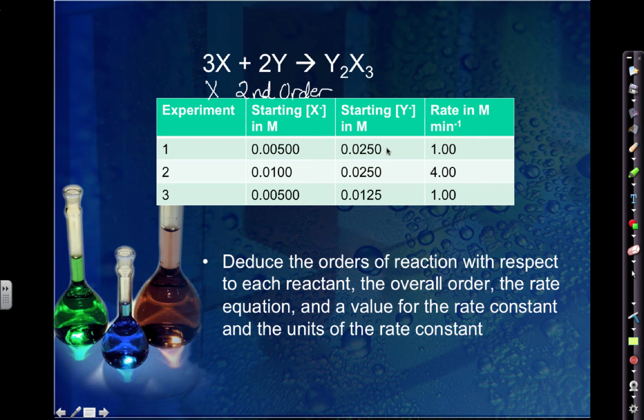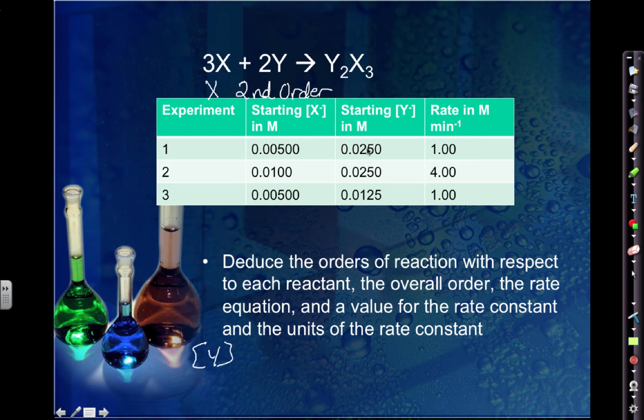Let's see. Okay, when I look at experiment 1 versus 3 here, well, in 1, it's twice as high as 3. So we're going to look at experiments 1 and 3 here. All right, so when the concentration of Y goes up by a factor of 2, I'm going to look at this experiment compared to this one.